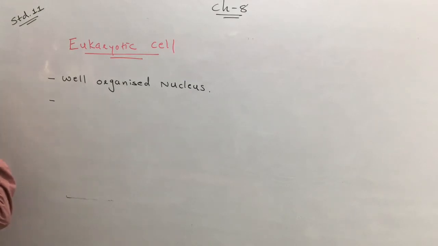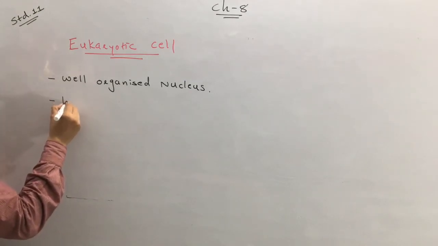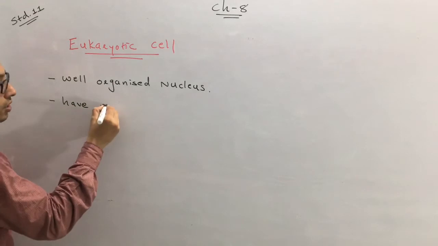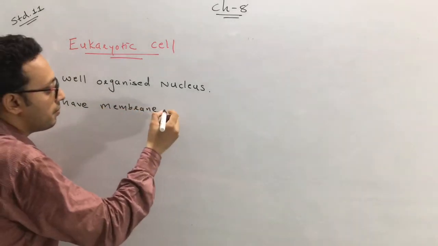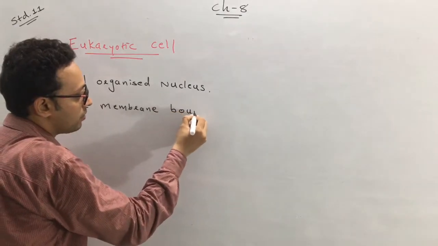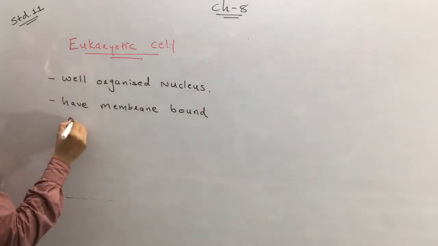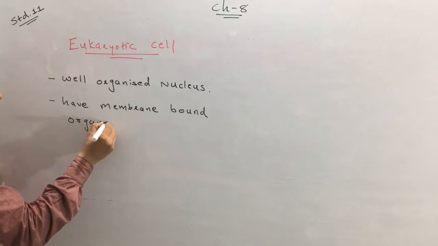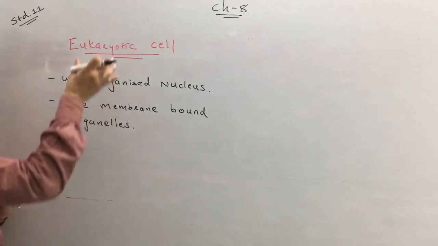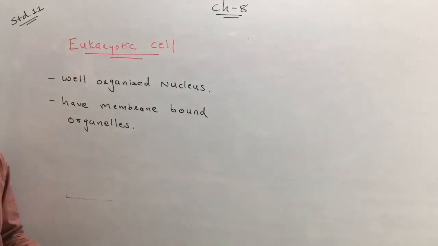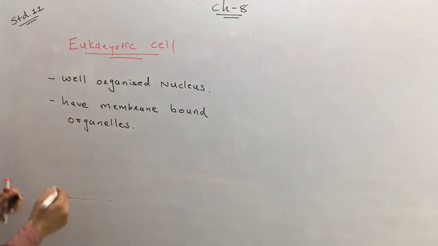The second is that they possess membrane-bound organelles like ER, Golgi body, lysosome, vacuole, mitochondria and microbodies, which are absent in prokaryotic cells.